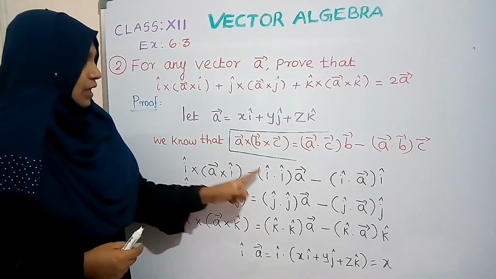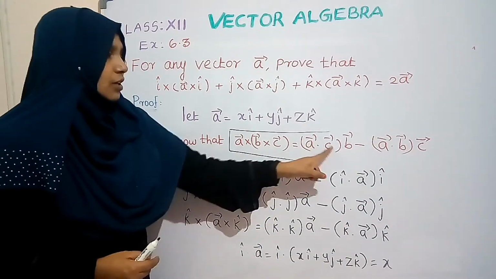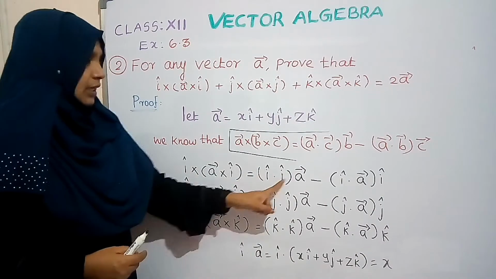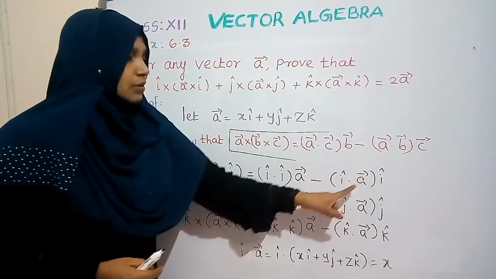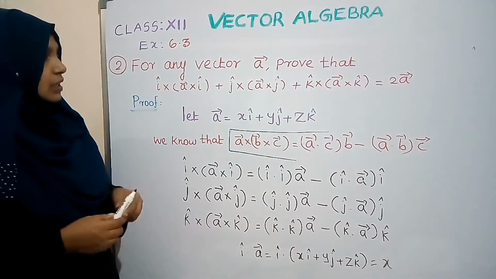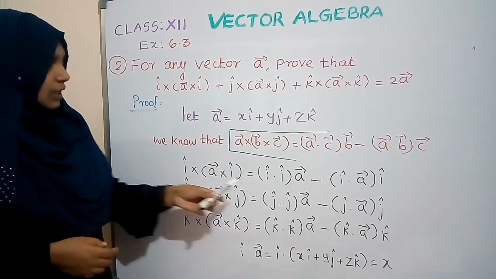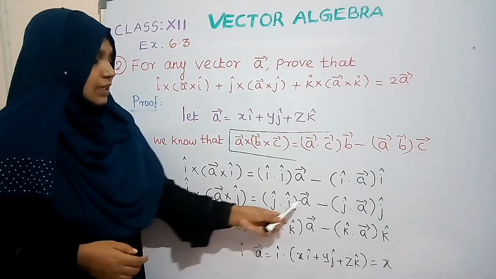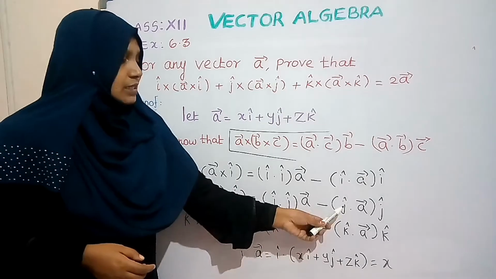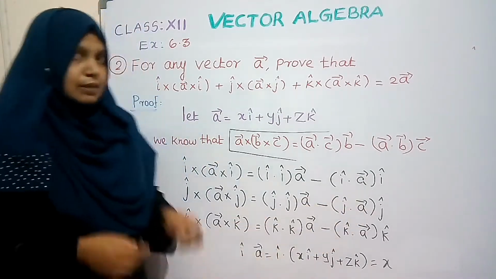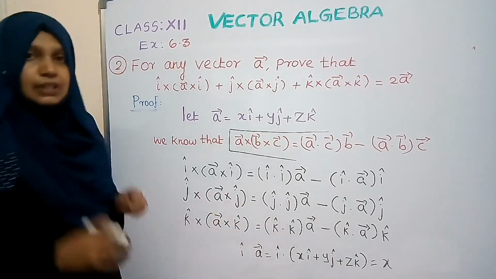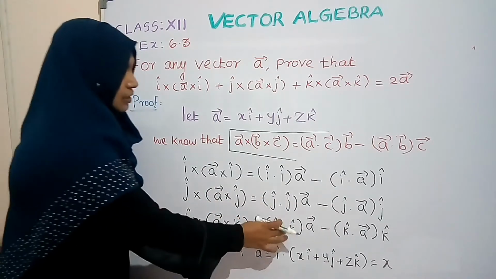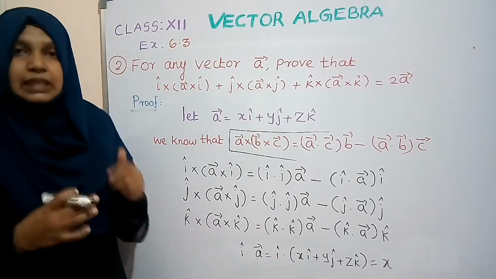It becomes i dot i, that is A dot C, here i dot i into A vector minus i dot A vector into i cap. Similarly for the second term I have written j cap dot j cap into A vector minus j cap dot A vector into j cap. Here we are replacing A vector and C vector with j cap, and for the third term we are replacing with k cap.